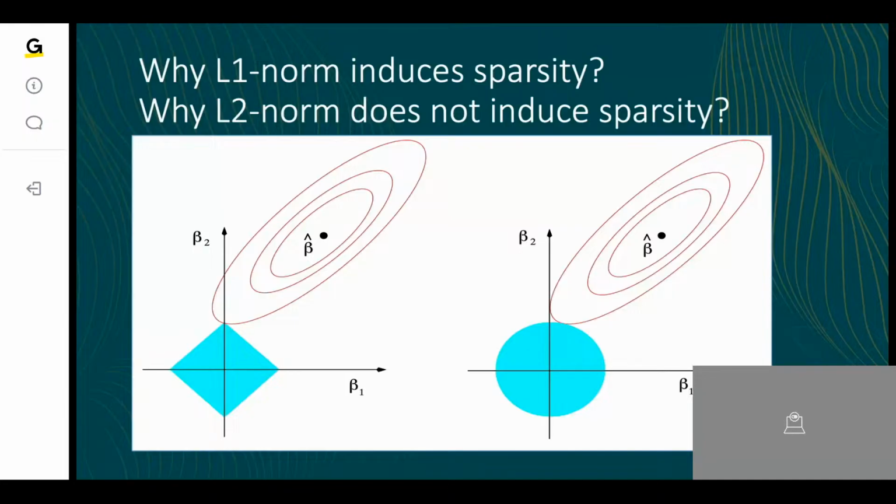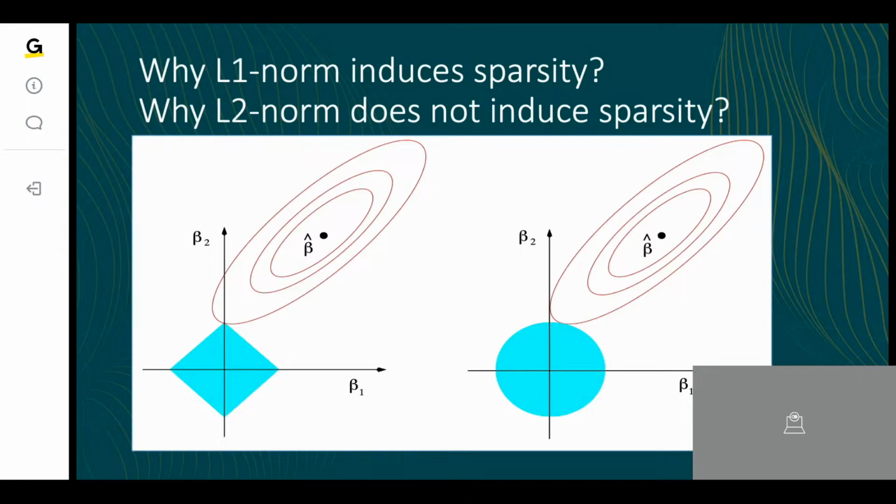So in case of L1, the blue rhombus is giving you the second part, which is the sum of the mods of beta, and the red lines are showing you the squared loss, the first term. And this is the trade-off point at which the sum of the two losses can be minimized.